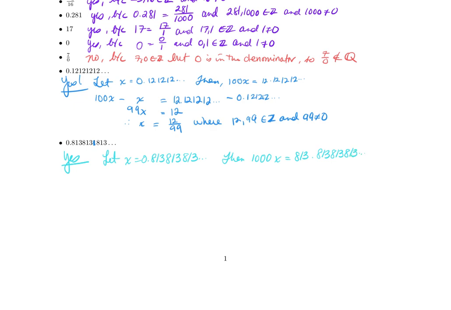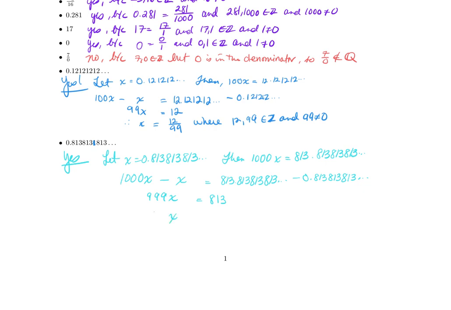So now when we find their difference and I say 1,000x, which is my 813.813813813 repeated, and I subtract from it my x, which is 0.813813813 repeated, I now have 999 x's equal to, and now again, all of the decimal part falls away, and we're left with the integer 813.